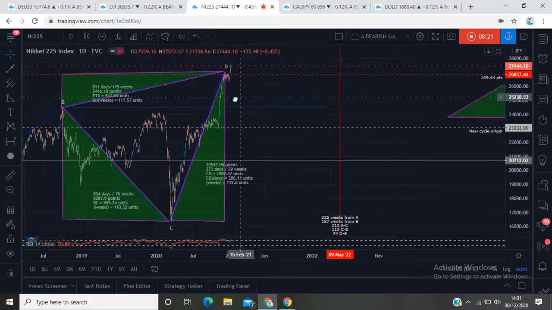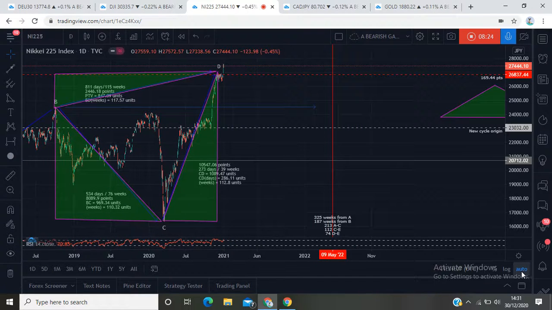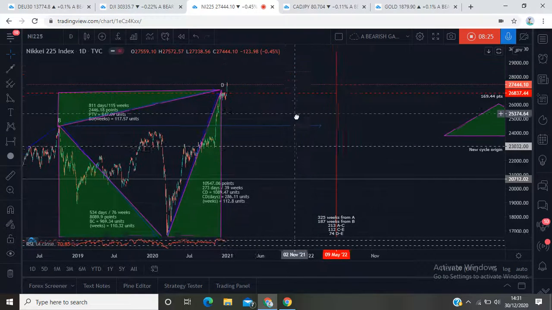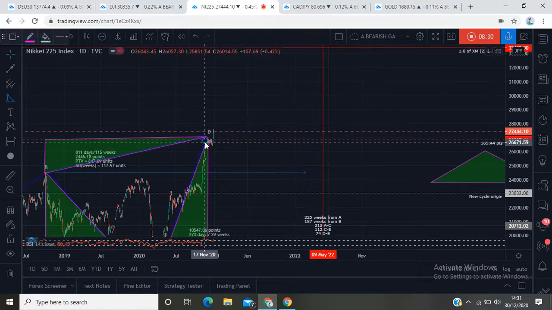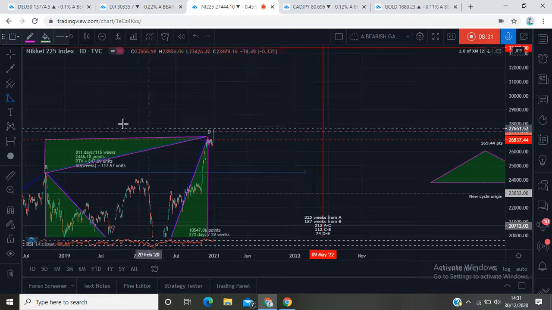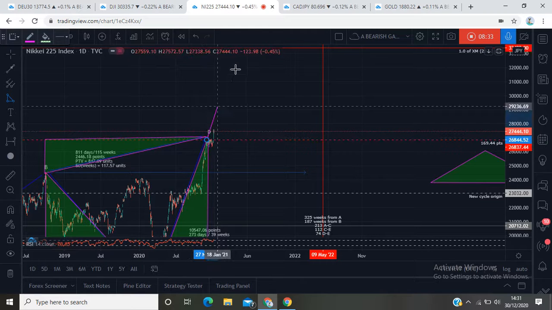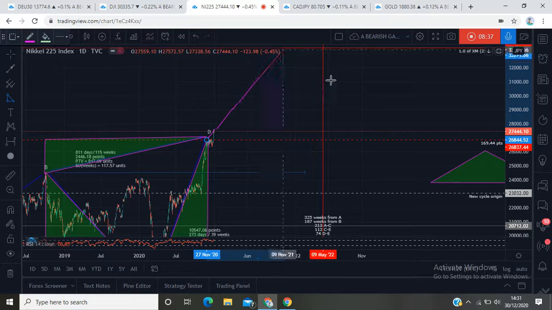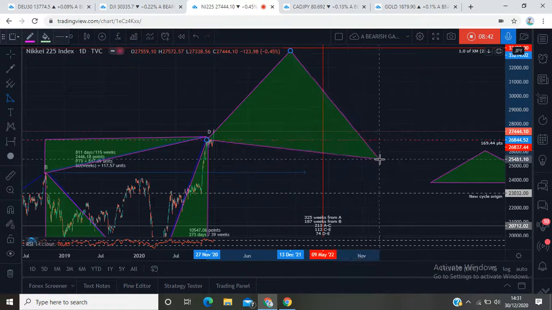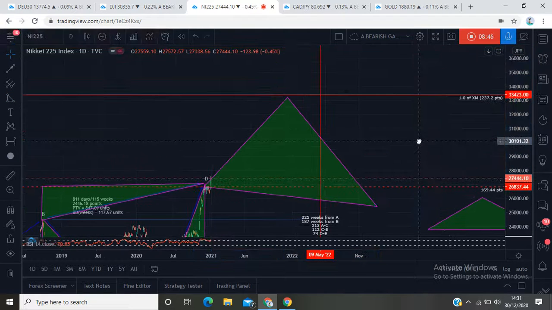Now, in this structure, the most common projection we can make for the second side is another triangle that will look something like this. Let's bring it down.